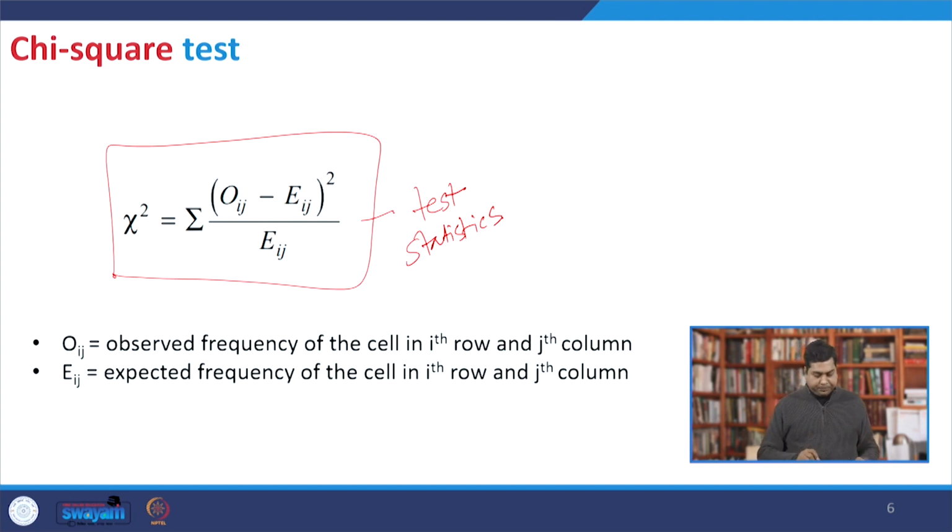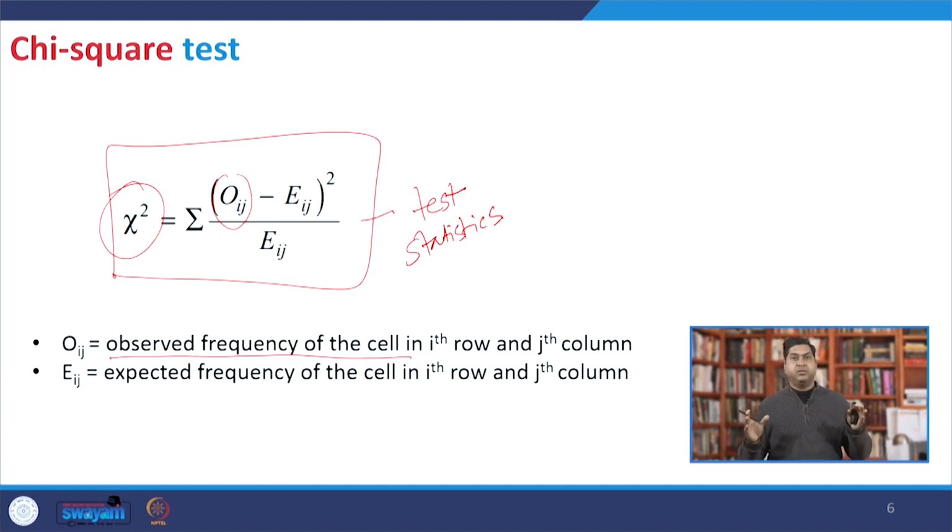We'll come to that. Now, what exactly it is, let us understand this nomenclature. Here you have chi-square on the left hand side, and the right hand side is the sum of, you can say, O_ij, which is the observed frequency of the ith cell.